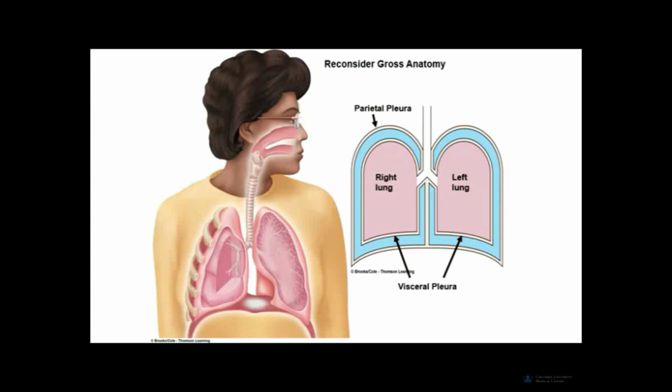A serous membrane is a sheet of connective tissue that constantly produces fluid. Serous membranes cover all of our visceral organs and also line the interior of all body cavities.